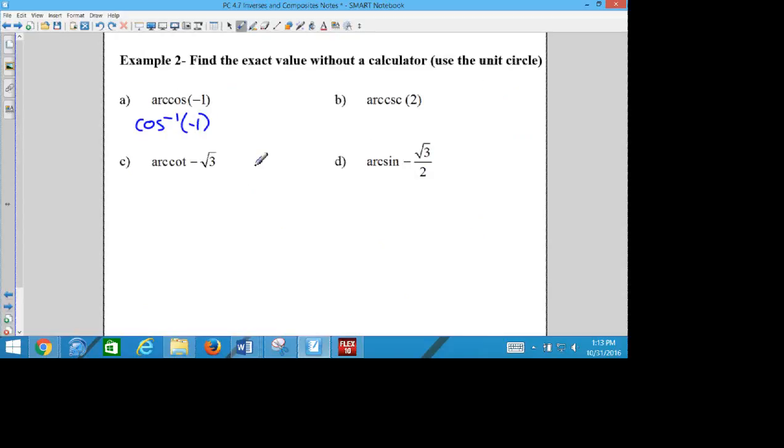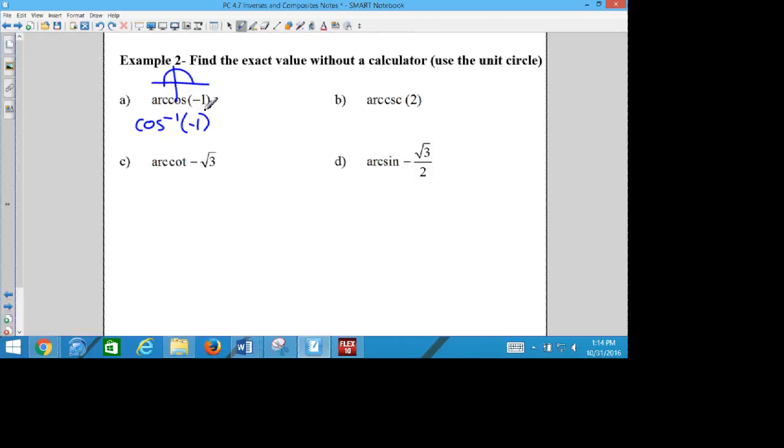So where is cosine -1? That'll be in the top half. Sorry, that's a terrible picture.